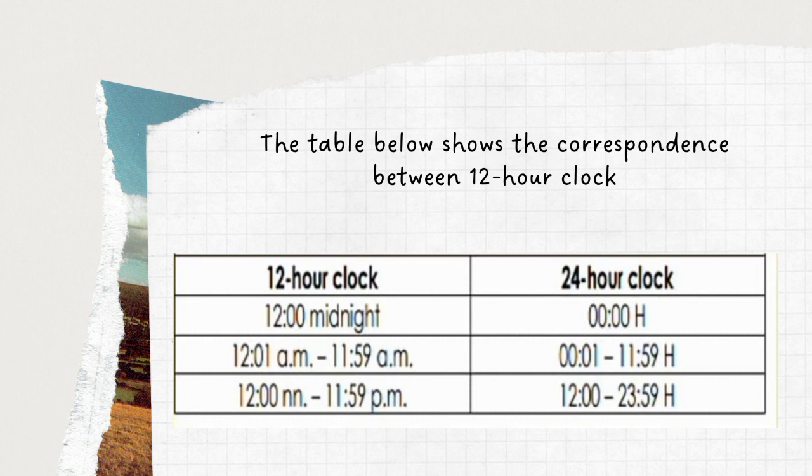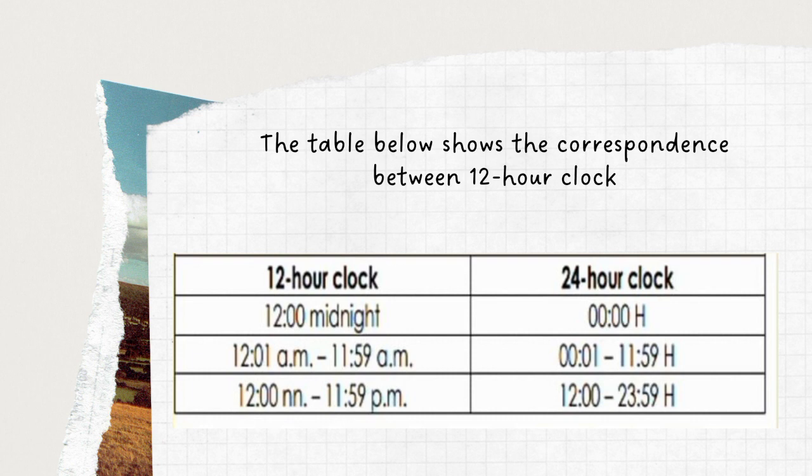Then 12:01 a.m. to 11:59 a.m. So, sa atin is umaga pa sa 12-hour clock. Then, for the 24-hour clock, equivalent ng 12:01 a.m. to 11:59 a.m. is 0001 hour to 1159 hour.